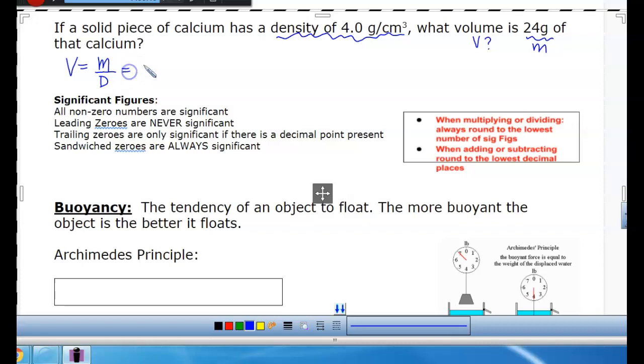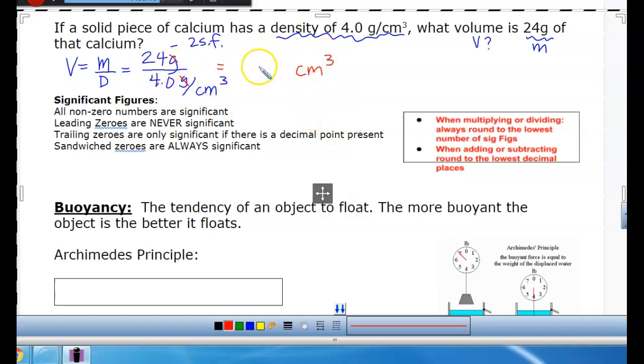So I am going to plug in my 24 grams of my mass, and let's make sure we all recognize that that is 2 significant figures. And I'm going to divide that by 4.0 grams per centimeter cubed. And before I go on, I am going to be able to see that my grams are going to cancel out, and I'm going to be left with only centimeters cubed for my unit label, which is fine.